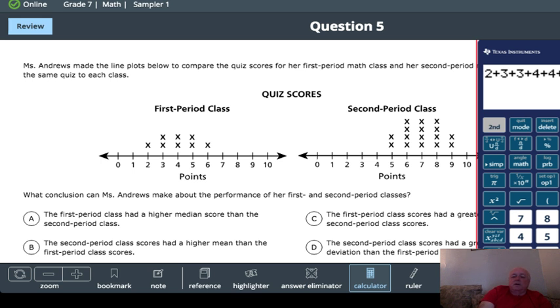Okay, we're going to do the same now for the second period. We're going to get 5 plus 5 plus 6 plus 6 plus 6 plus 6 plus 7 plus 7 plus 7 plus 7 plus 8 plus 8, that's going to mess up. All right, let's just do it a thing.